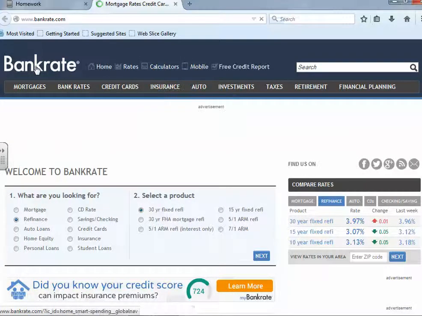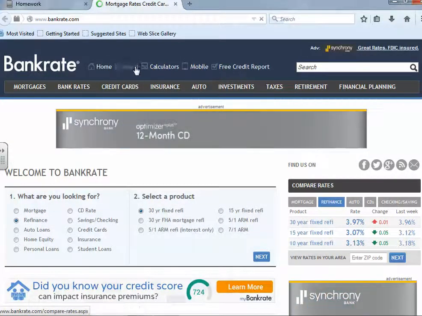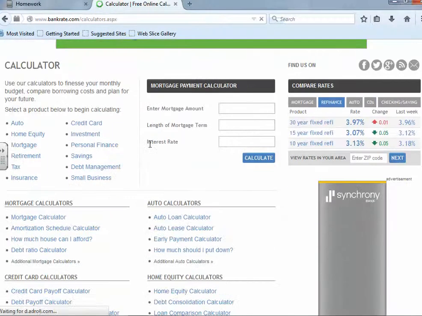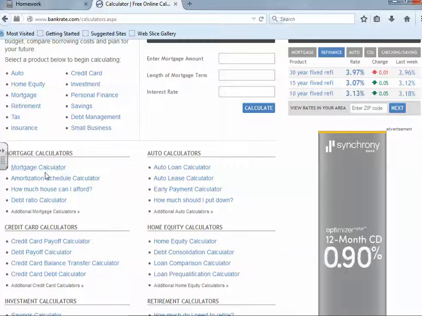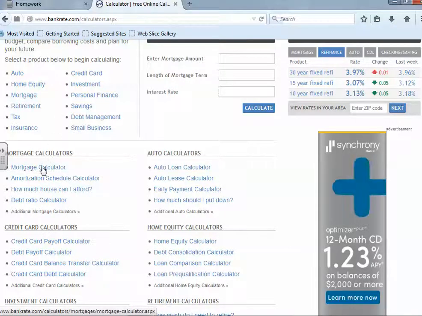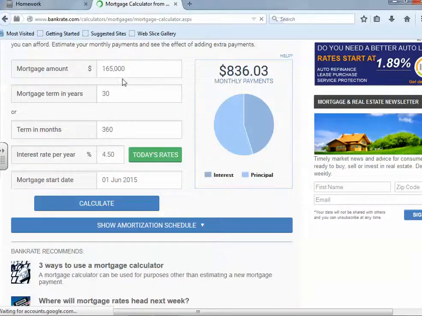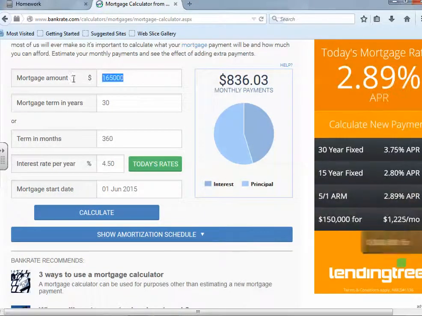Okay, when we get to this home page, right across the top you see calculators. Click on that. Scroll down the page and there's a mortgage calculator. The mortgage amount we said was $167,200. The mortgage term in years is 30. They automatically put the correct number of months.